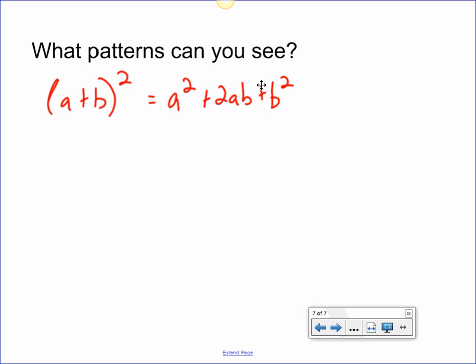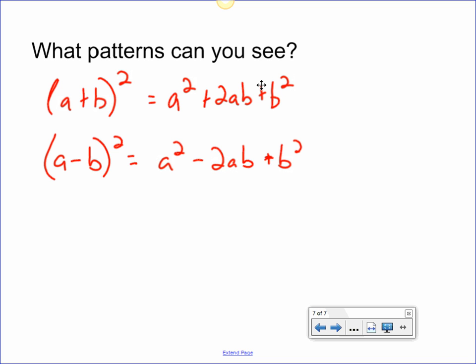Okay, very similarly, if I did a subtraction and we square it, hopefully we could see that the only thing that would change would be this middle term would be a minus 2ab.